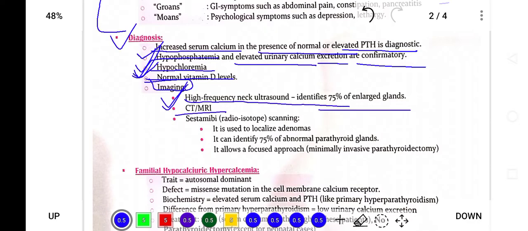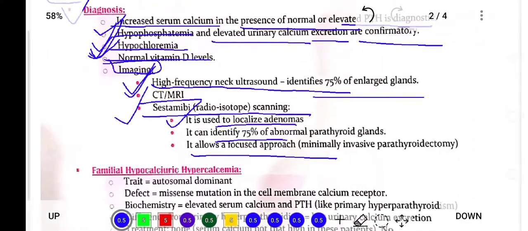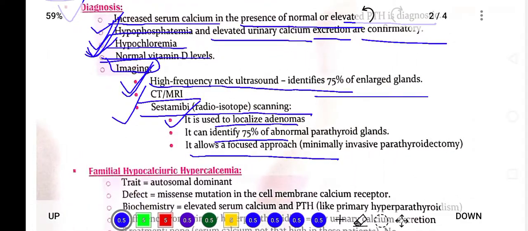CT and MRI can also be performed. A sestamibi radioisotope scan is used to localize the adenoma and identifies 75% of adenomas of the parathyroid gland. It also guides a focused, minimally invasive parathyroidectomy. So that was the diagnosis of hyperparathyroidism.